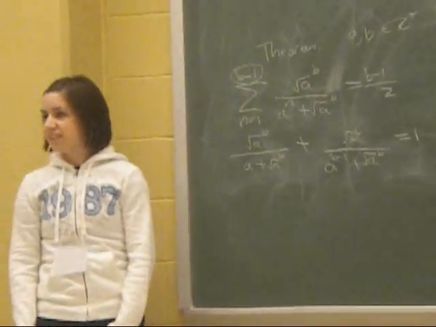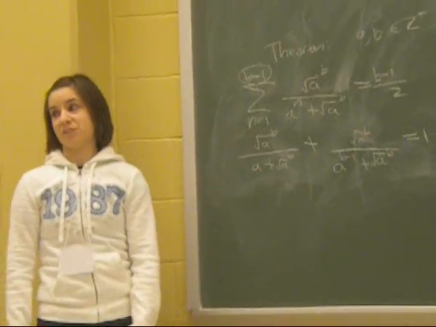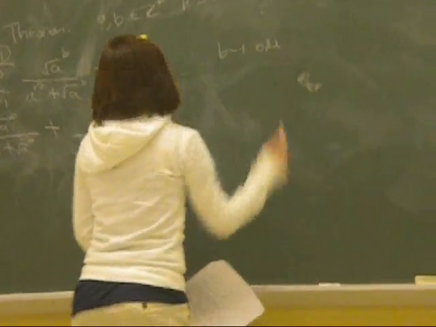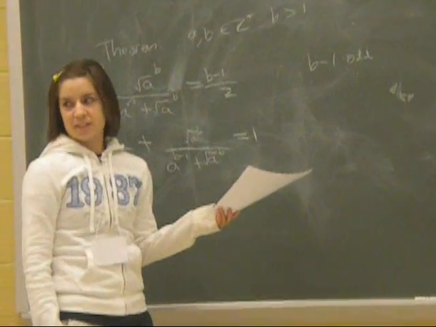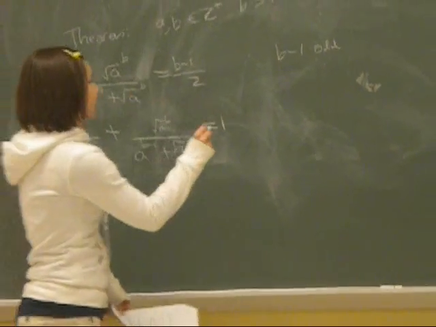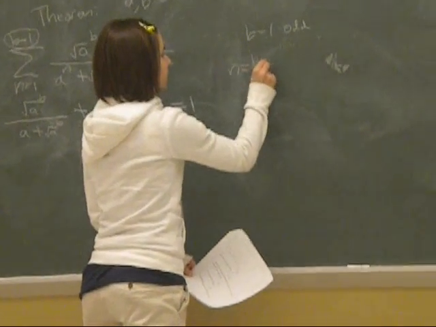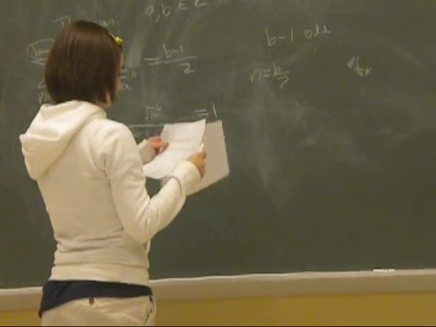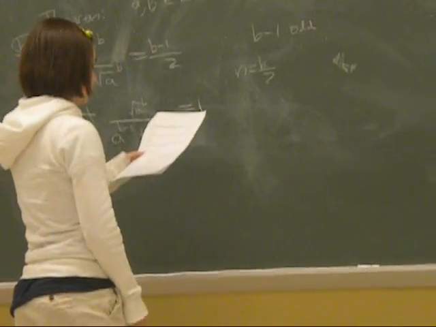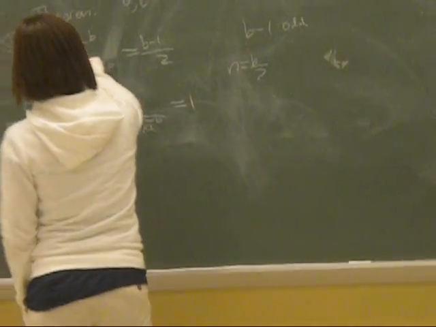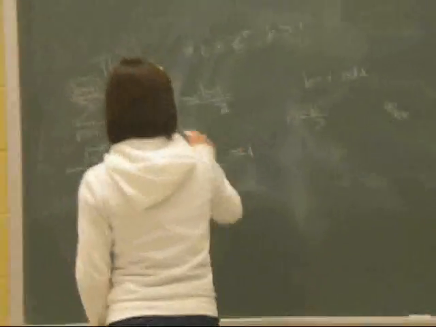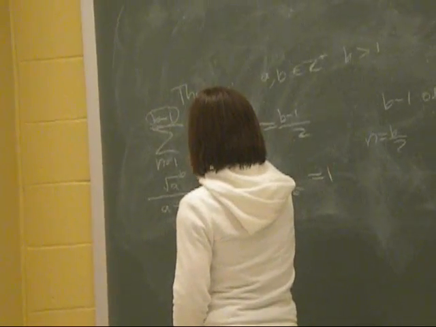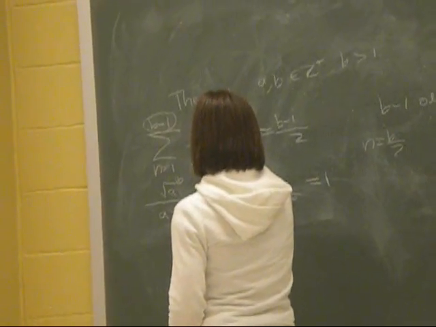Now, it's either even, in that case, b minus 1 over 2, or it's odd, b minus 1 is odd. If it's odd, we're going to have an extra term. And this occurs when n is equal to b over 2. And this will always give us 1/2, since this here is a to the b over 2, and then this is going to be a to the b over 2 plus a to the b over 2.